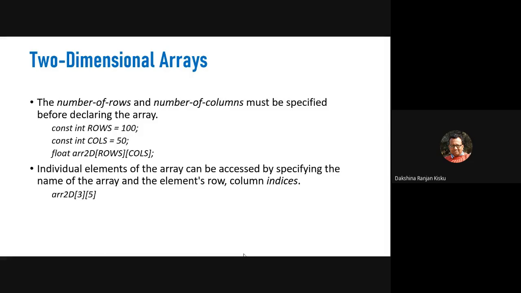The number of rows and number of columns must be specified before we declare the array. Okay, so if we write the number of rows 100, number of columns 50, then we write first the type of the elements of the two-dimensional array, then the array name, and then the number of rows and number of columns.